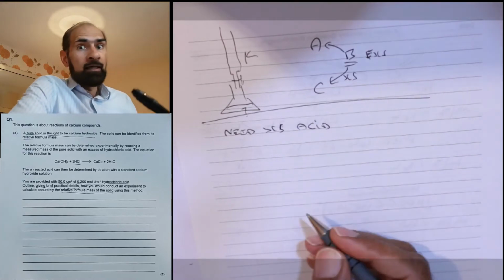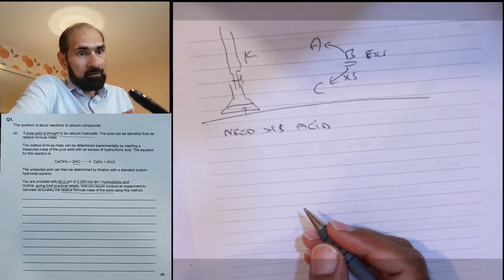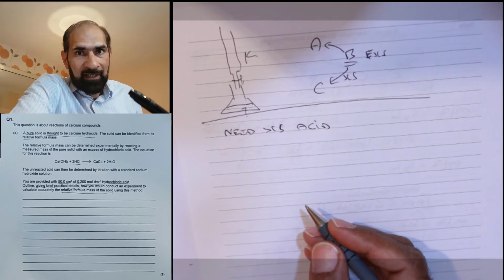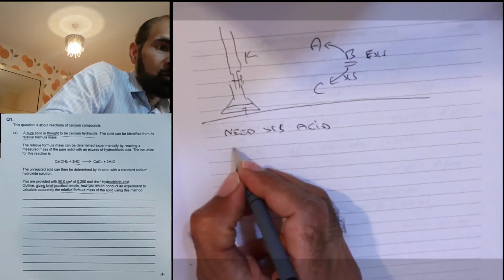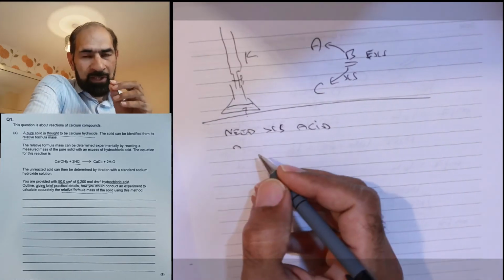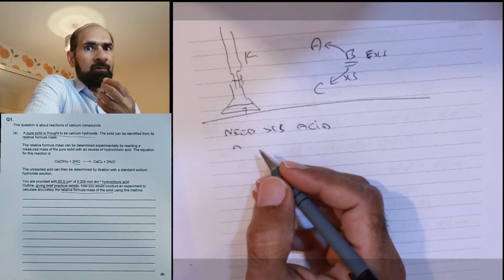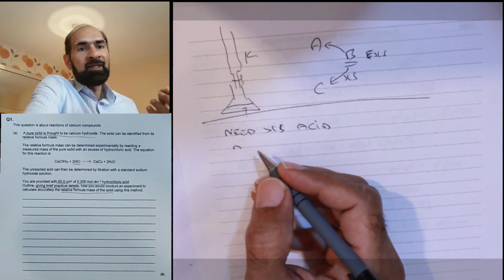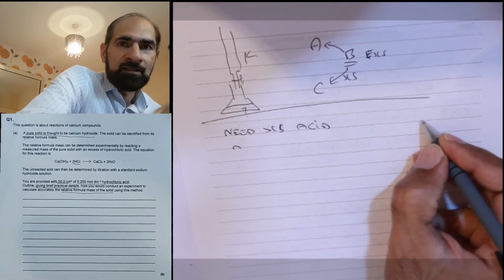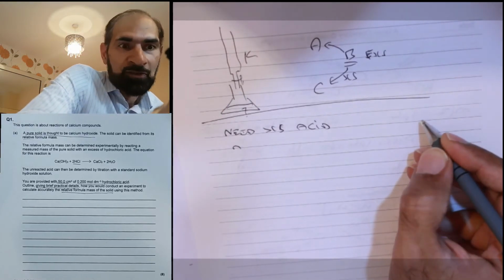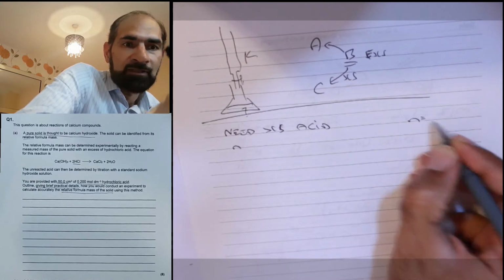In order for me to work that out, I need to know how much acid I have in the first place, so I need the moles of the acid. The 2 equations you will be using often in chemistry are these. In terms of solution titration, moles equals CV over 1,000.